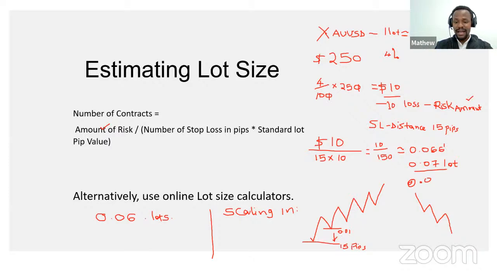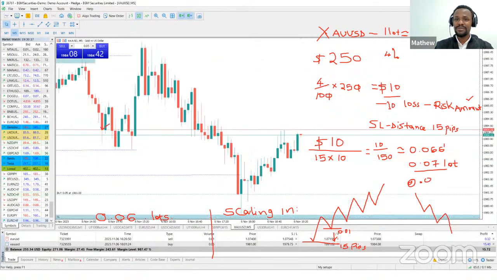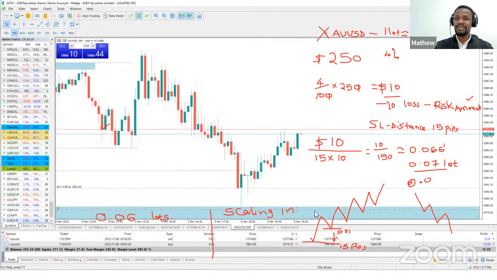Scaling in, simply, I can show it on the trade which is running if it has not reversed. So you have a trade here which is running, and we have some profit. If I was to trail the stop, then what I would do with this position is just have the stop loss move to the other side of the trade.